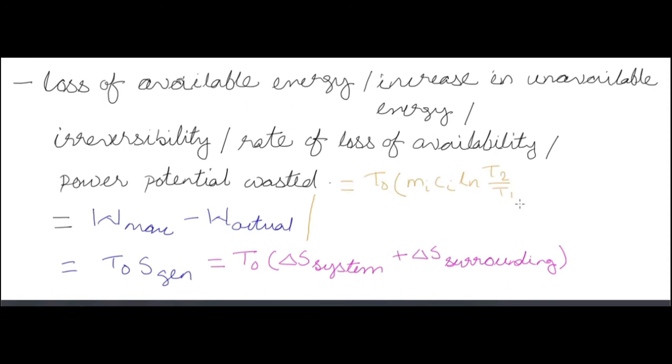In the previous question, if it had been the same, delta S system would have been M1 C1 ln T2 by T1, and plus surrounding delta S is Q by T naught, because the surrounding was gaining heat.